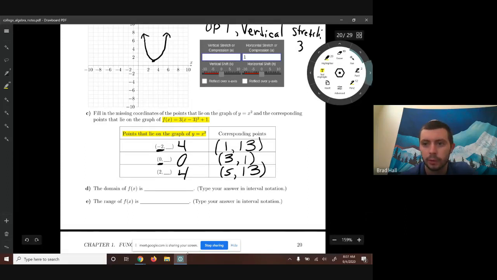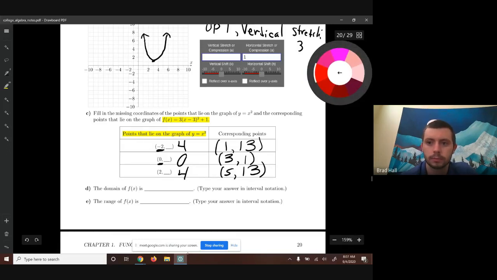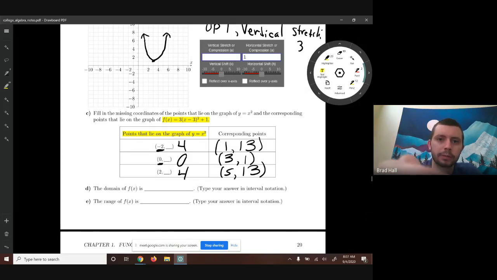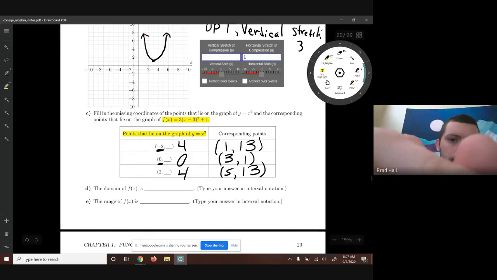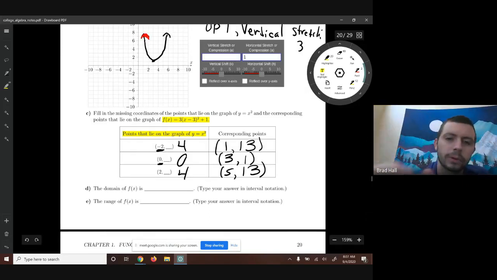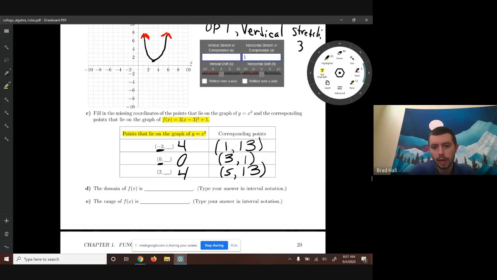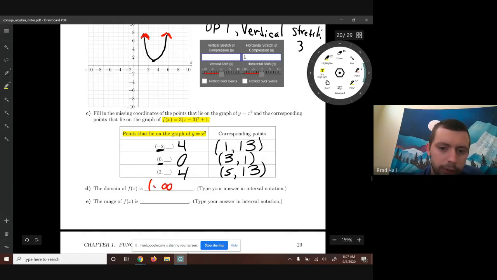So since we have the graph, we see that the furthest to the left that we can go is over here, and the furthest to the right we can go is over here. I just highlighted both of those regions in red. And so it looks like, since we have arrows on the left and the right, it's safe to say that the domain is negative infinity to infinity.